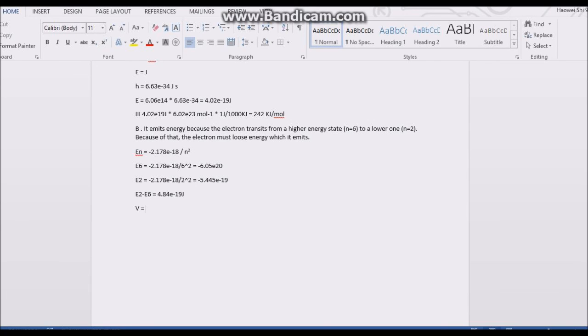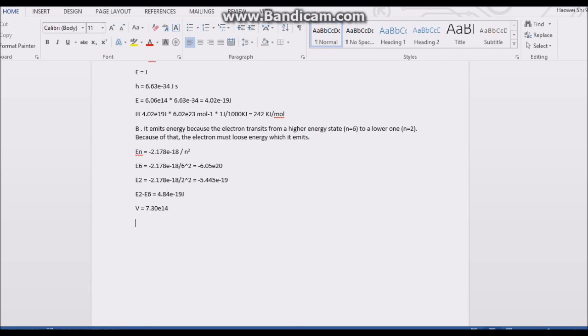By this point, we got the frequency. Hold on. E divided by h, so we just need to divide the energy by Planck's constant, which gives 7.30 times 10 to the 14th.